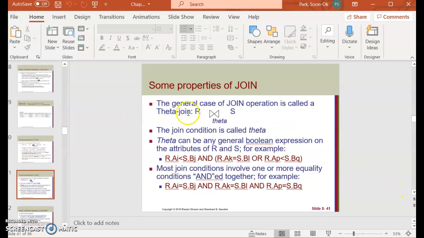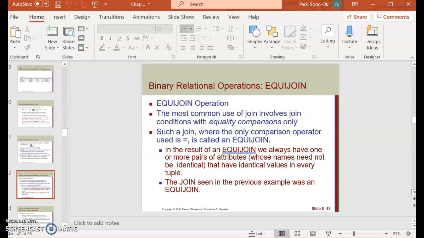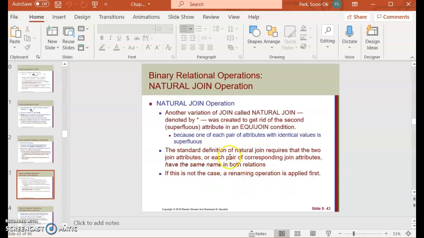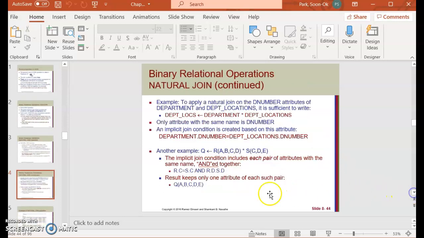There is also the more general theta join, with conditions like greater than or less than, which you can apply between R and S. Natural join finds the common attributes between R and S. C and D both exist, so it compares C in R with C in S, and attribute D must be the same in both relations R and S. That is a natural join.